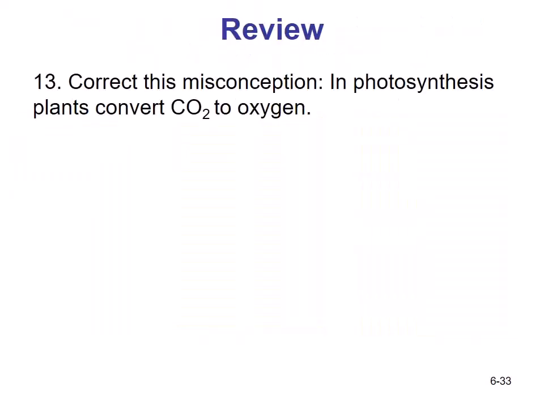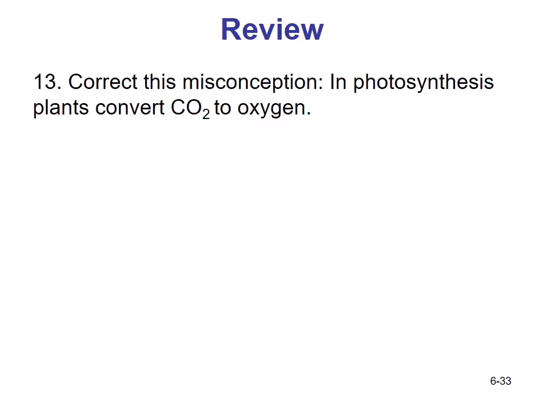So here's another misconception that students will tell me. They will say in photosynthesis, plants convert carbon dioxide to oxygen. So think about that, pause it while you're thinking, and then hit play when you're ready. Okay, so there's a lot going on with that, right? So where's the oxygen come from? And what happens to the carbon dioxide?